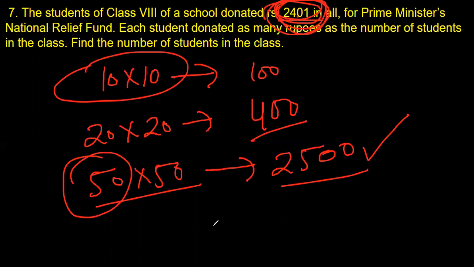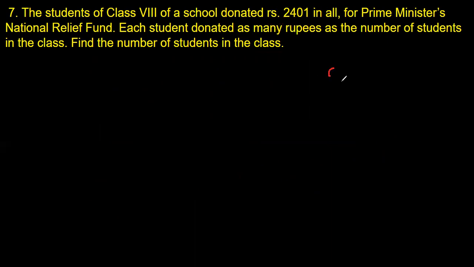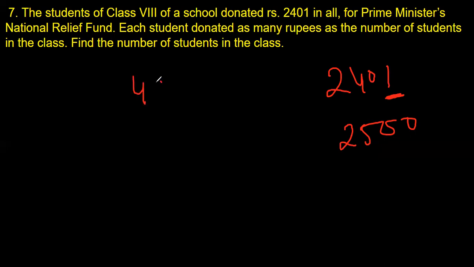Now less than 50, and also we see in 2401 the last digit is 1. This gives us an idea that this is the square of a number ending in 1 or 9. But this number 2401 is slightly less, not a very large difference between 2400 and 2500. So it is most likely the square of a number less than 50. That means it should be the square of 49.